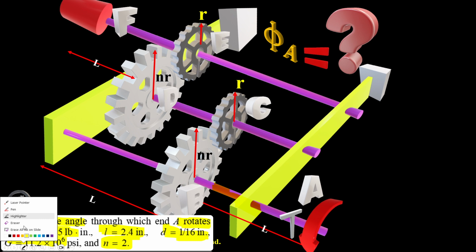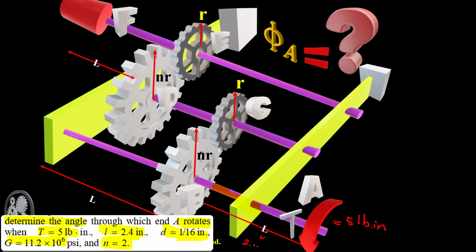So now this time our job is pretty straightforward. This is 5 pound-inches. L is provided to be 2.4 inches. Diameter is provided to be 1 over 16 inches.